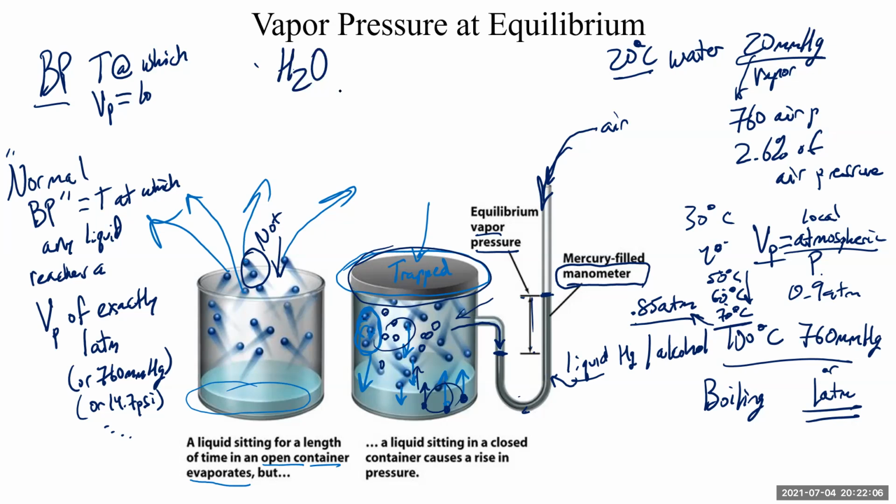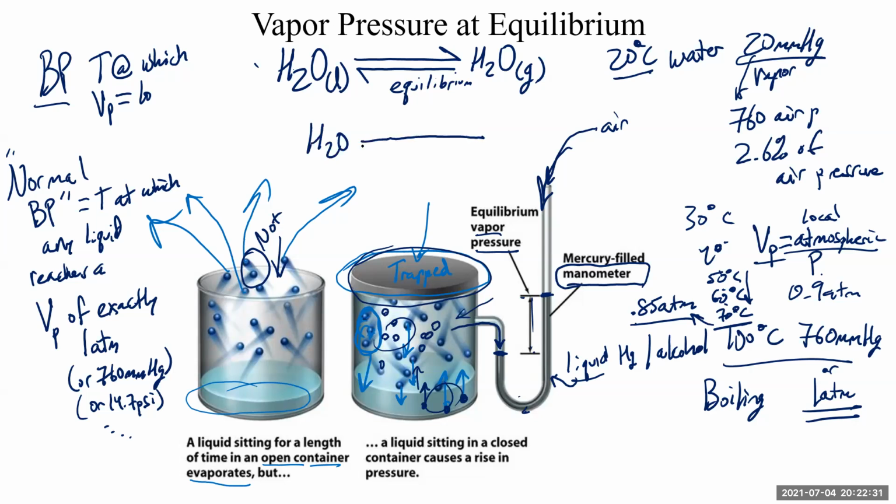What's going on here is you have water in its liquid state, and once it's reached equilibrium, you have water in the liquid state and water in the gas state moving back and forth. At equilibrium, both of these arrows are exactly the same length because both of these processes are happening at the same time.